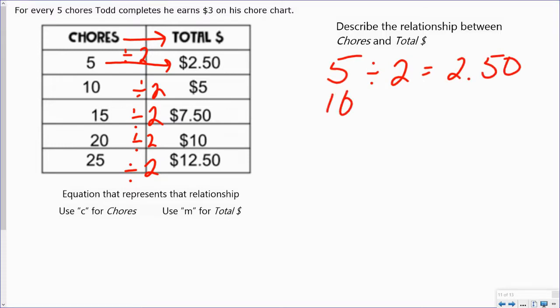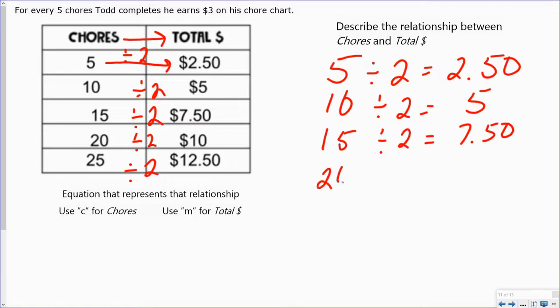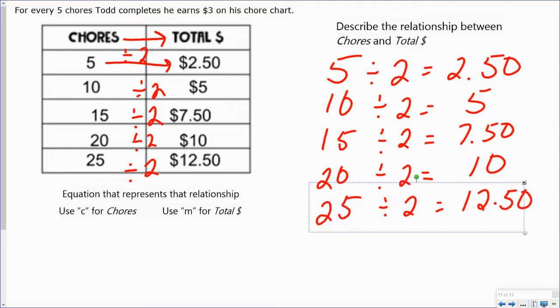So when I look at my relationship between the two, I take 5 divided by 2 gives me $2.50. 10 divided by 2 gives me $5. 15 divided by 2 gives me $7.50. 20 divided by 2 gives me $10. 25 divided by 2 gives me $12.50.